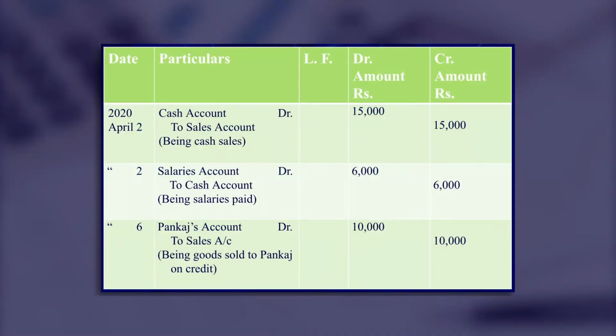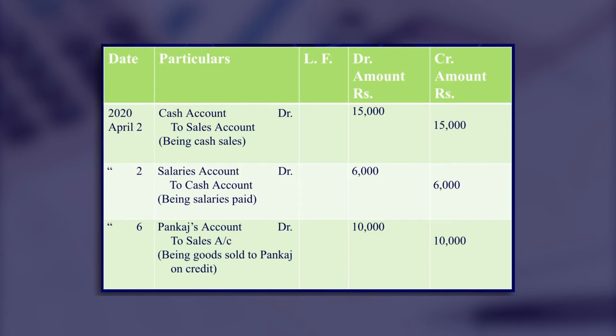Here Mr. Pankaj is receiving the goods because we have sold the goods to him. So, we are the giver and Pankaj is the receiver. So, debit the receiver. Therefore, we debited the Pankaj account by 10,000 rupees. You can see the transaction, Pankaj account debit to sales, 10,000 rupees.